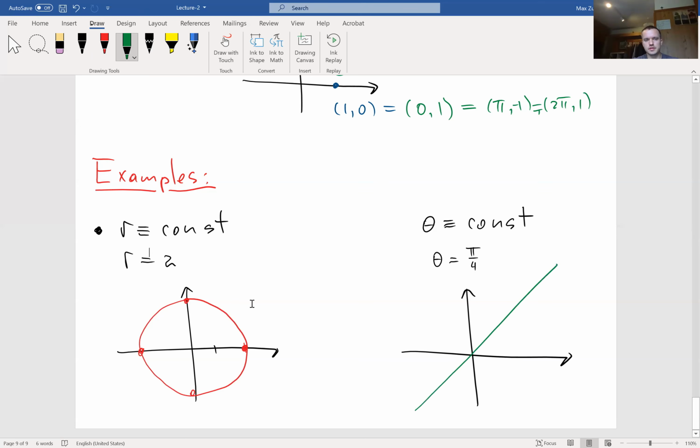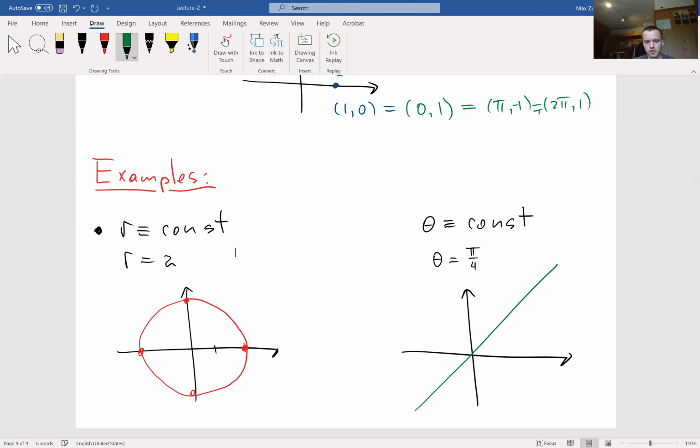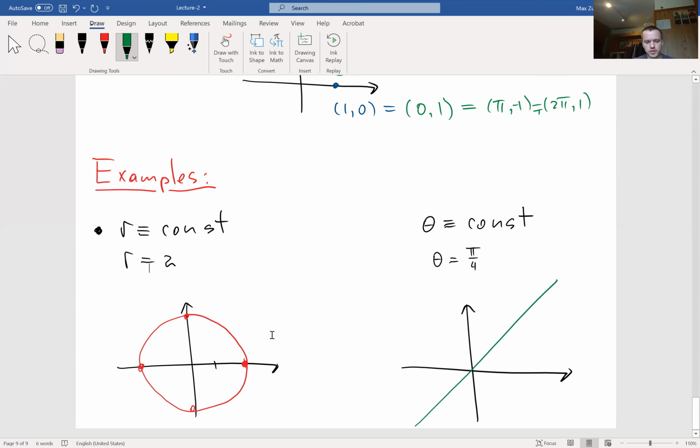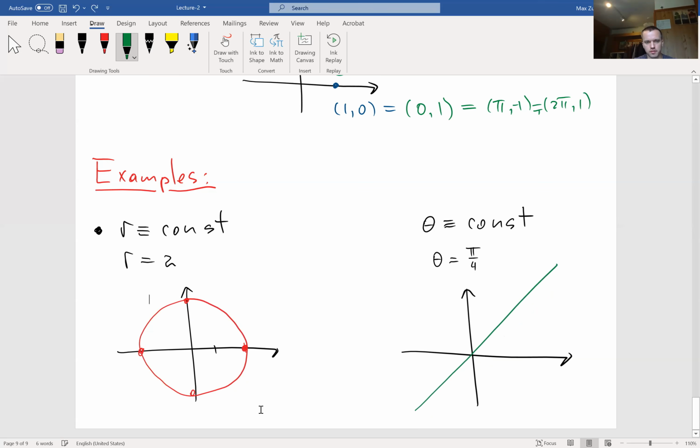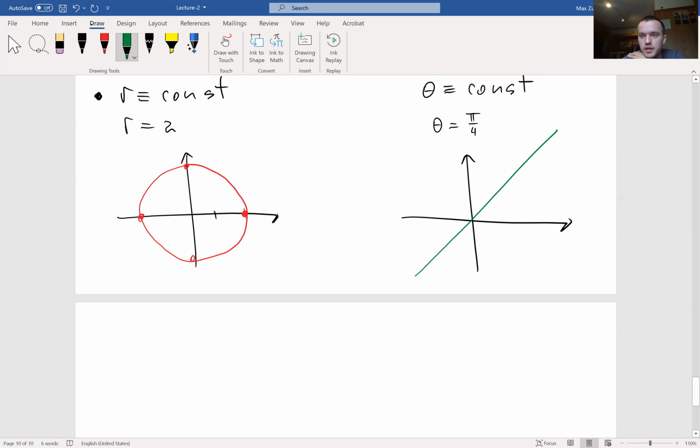Okay, so this is how we sketch simple curves using polar coordinates. But let's right now do something interesting. Let's find their Cartesian equations. So does anyone have any idea what we need to do to find the Cartesian equation?